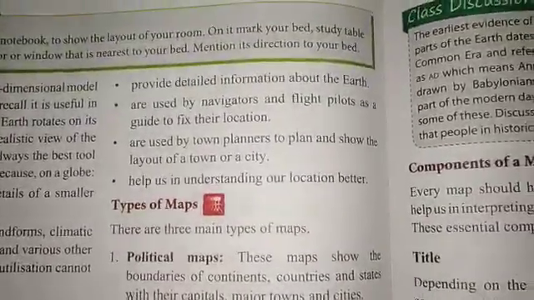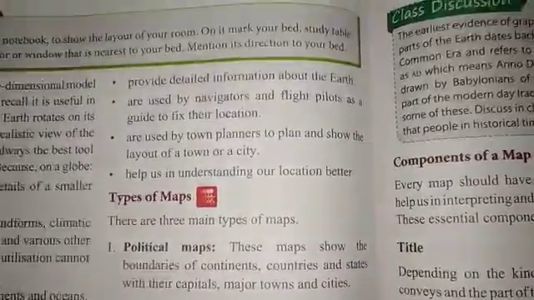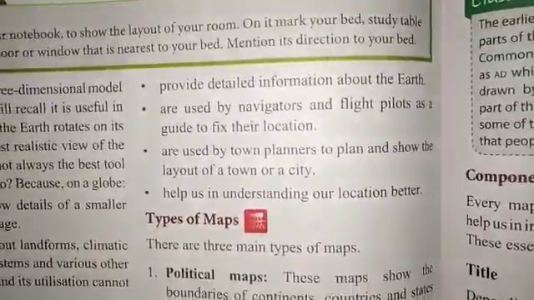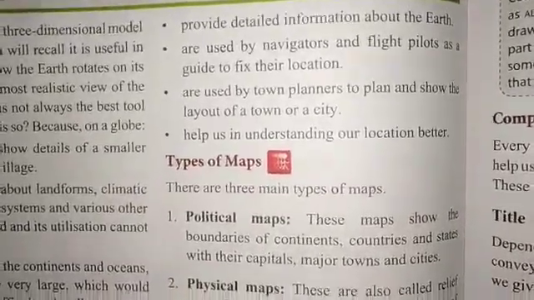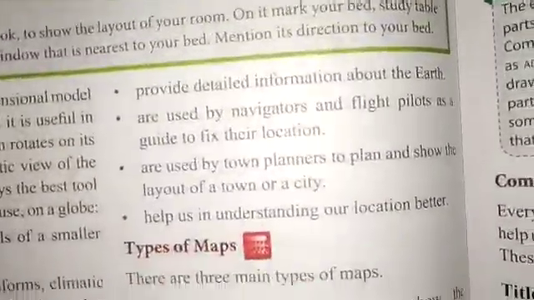So these are the main important features of the map. It gives us the detailed information of the Earth. Further, it also helps the pilots to navigate and the planners to plan the layout of the cities, and also helps us to understand our location in a better way.